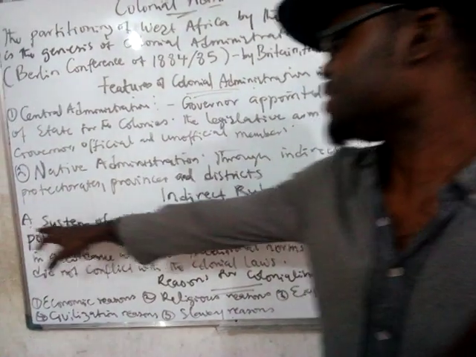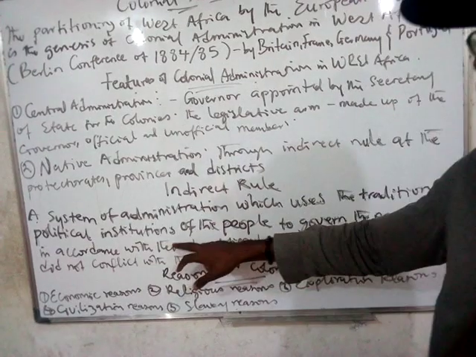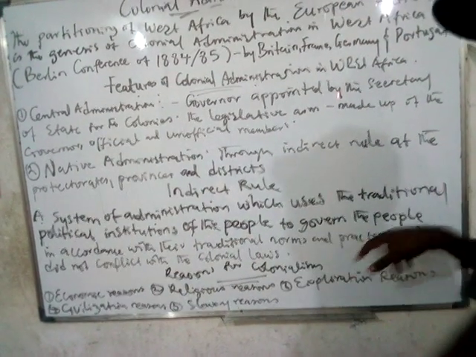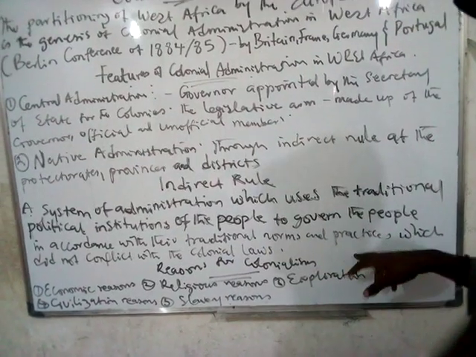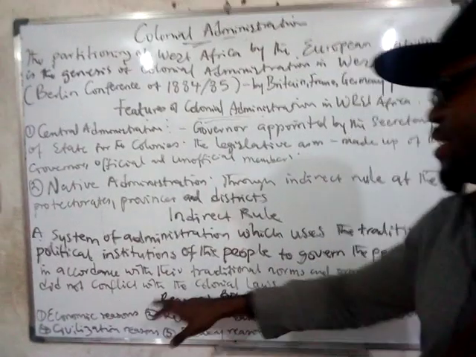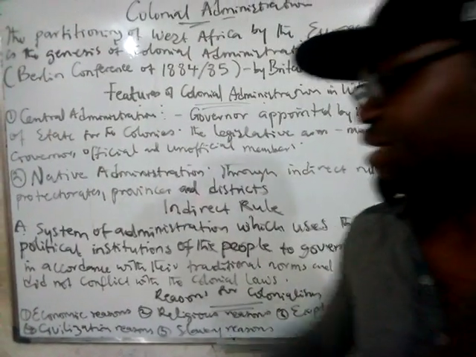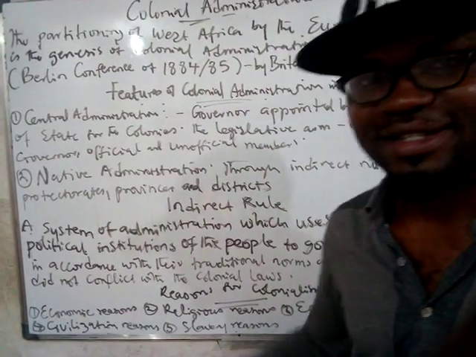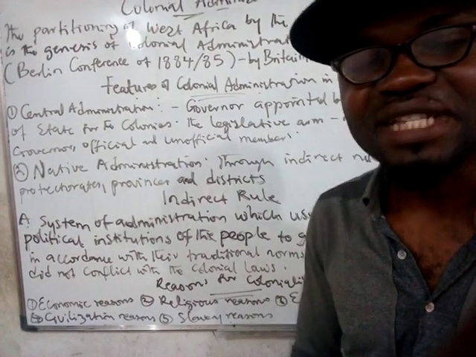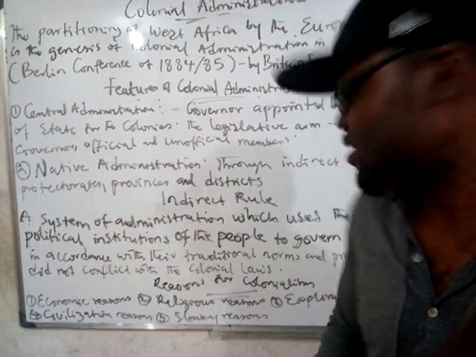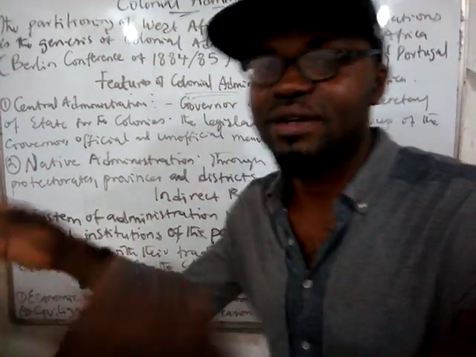The indirect rule is a system of administration which uses the traditional political institution of the people to govern the people in accordance with their traditional norms and practices, which did not conflict with the colonial laws. The reasons for colonization are economic reasons, need for raw materials; religious reasons, need to bring Christianity to us; exploratory reasons, need to move around.